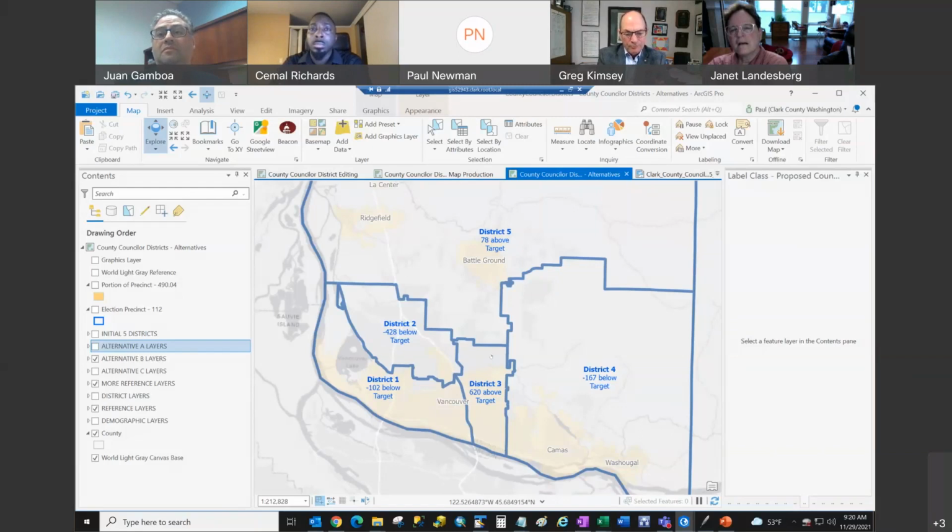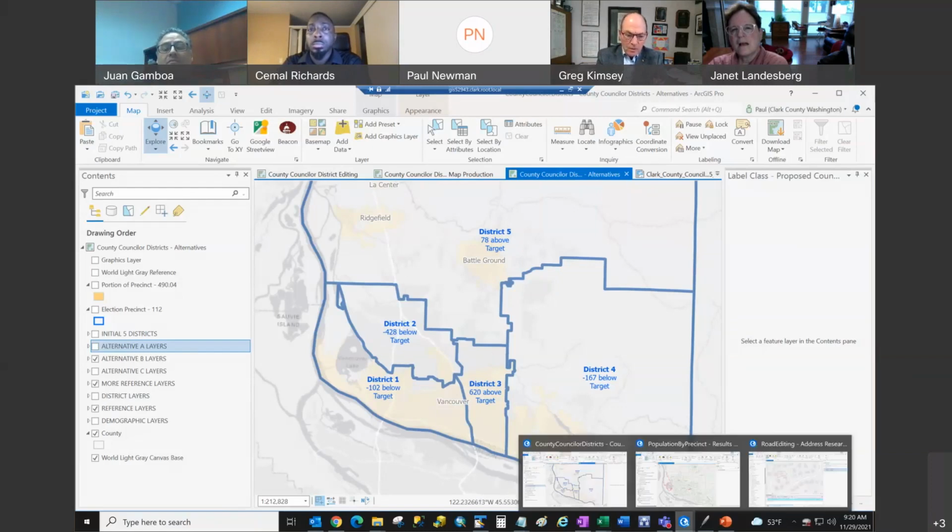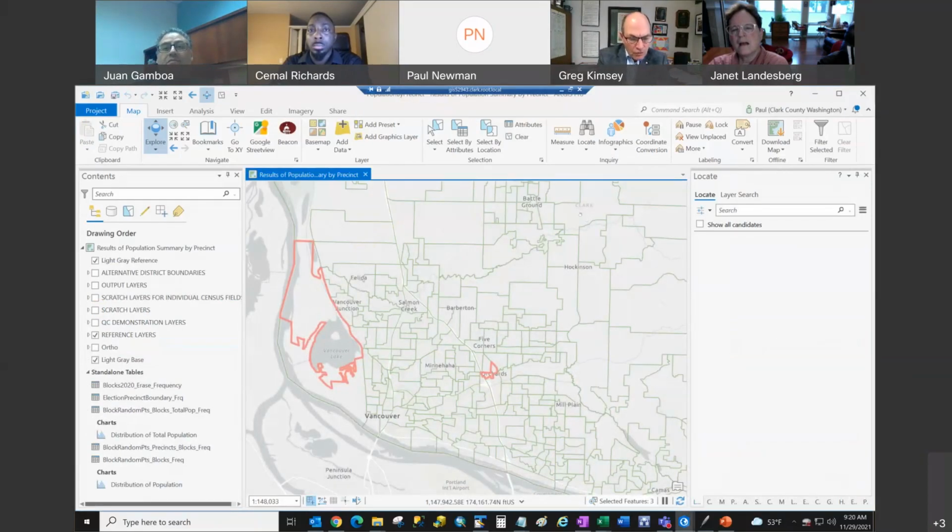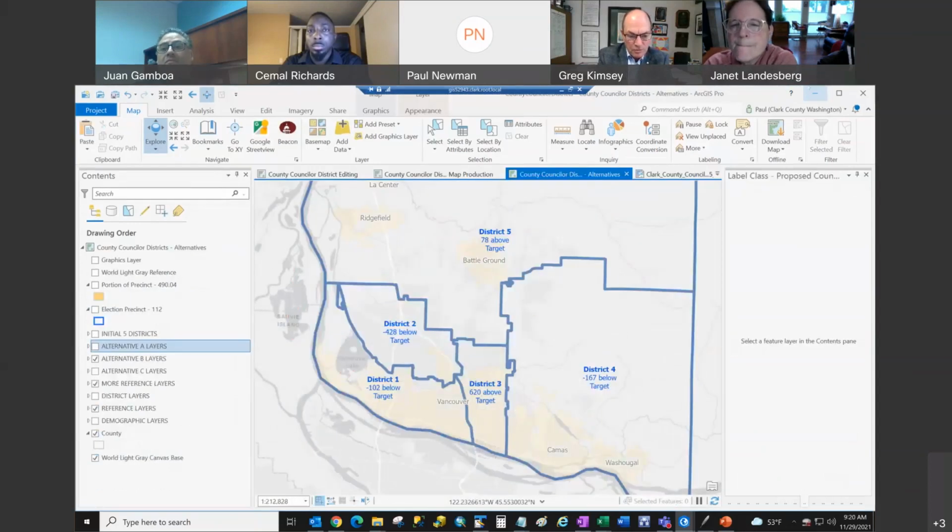When we're talking about 620 above a target and 428 below a target, and average precinct size is well over 1,000, it's a tough challenge for Paul to accomplish what I just asked, or to get the population variance even smaller than it is currently in Plan B.